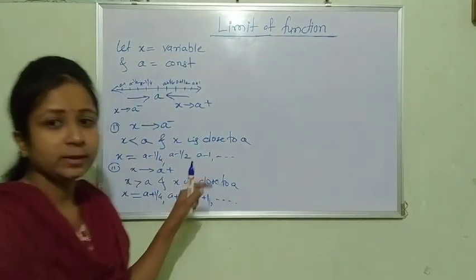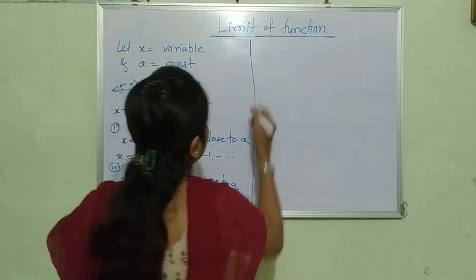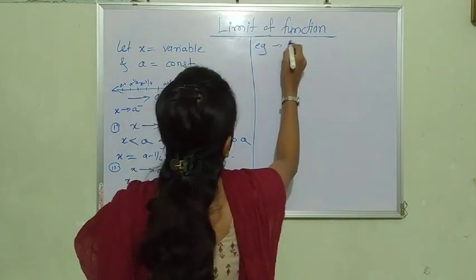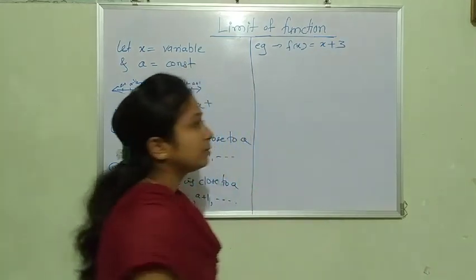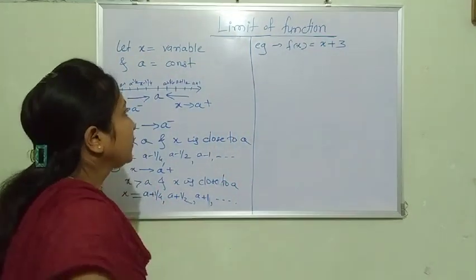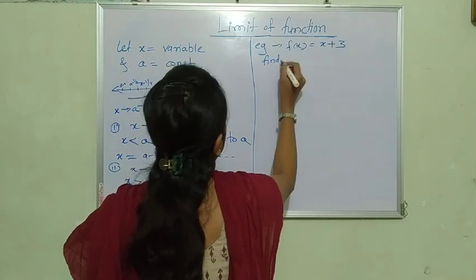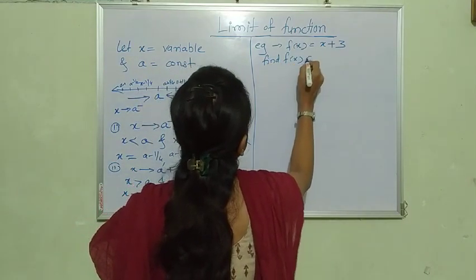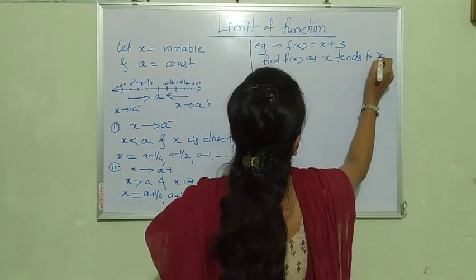Now to illustrate this introduction, let us go with one example. Let us suppose we have the function f of x equals x plus 3. Find the limit of f of x as x tends to 3.